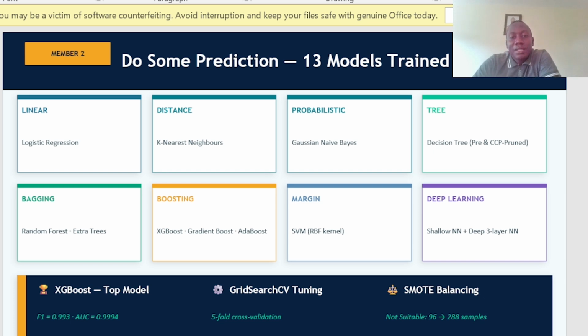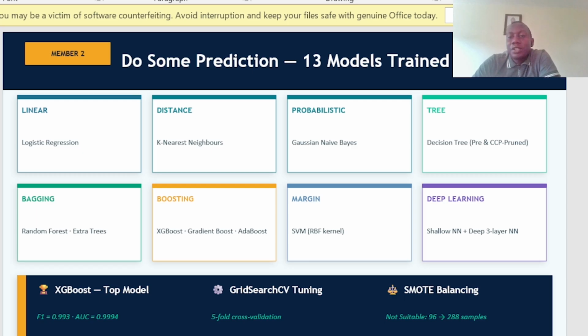We included the Gaussian naive Bayes for probabilistic classification. Then for the tree-based methods, we trained decision trees, both pre-pruned and post-pruned using cost complexity pruning. For the ensemble methods, we used random forests and extra trees on the bagging side, and XGBoost, gradient boost, and AdaBoost on the boosting side. We also used the support vector machine with an RBF kernel.